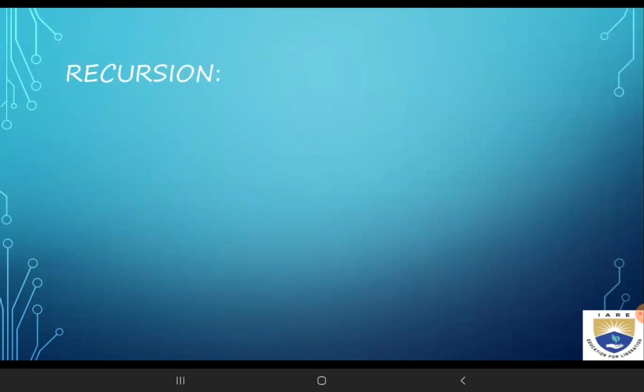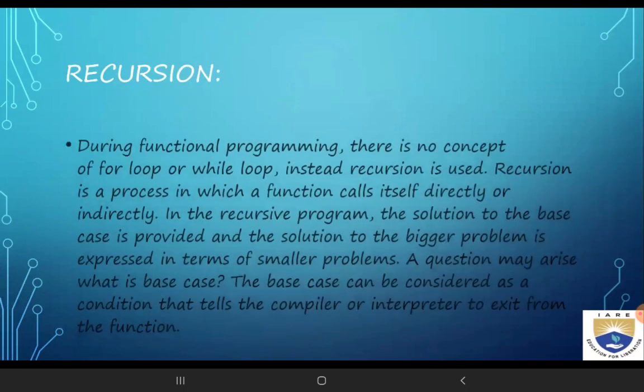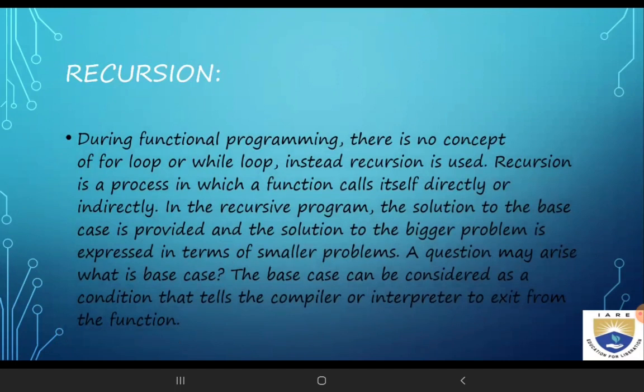The next one is recursion. In functional programming, there is no concept of for loop or while loop. Instead, recursion is used. Recursion is a process in which a function calls itself directly or indirectly.